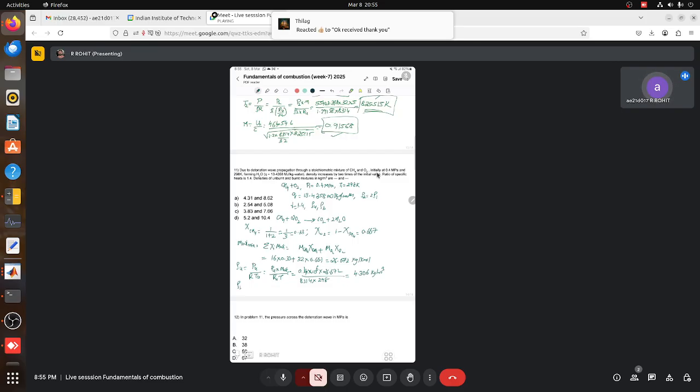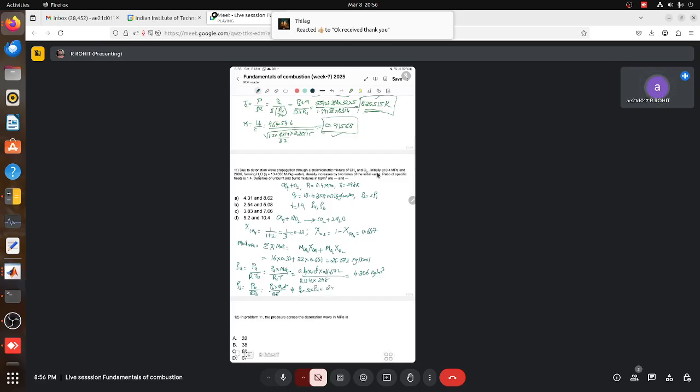Now density of burnt gases is Pb by Ru into Tb. Now Pb into molecular weight of burnt gases by Ru into T. And it is given that the density of burnt gases is 2 times the density of unburned.